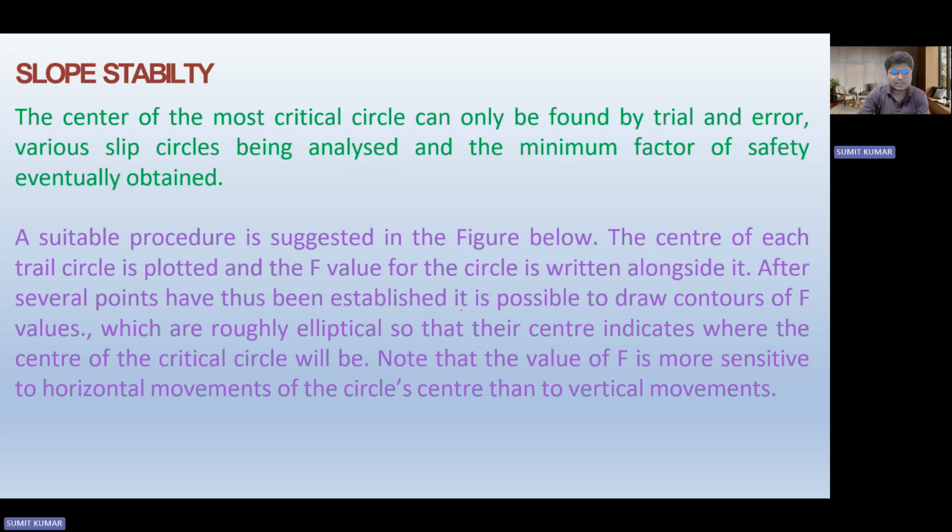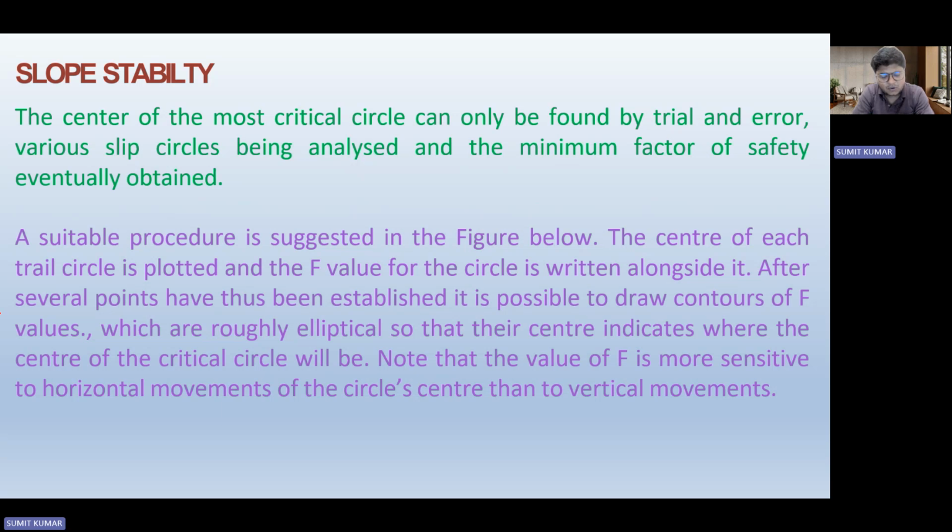After the several points have been discussed, it could be said that after considering several critical circle sections, it has been established that it is possible to draw continuous contours of F values, the factor of safety value for the different slip circles, which are roughly elliptical, so that their center indicates where the center of the critical circle will be.